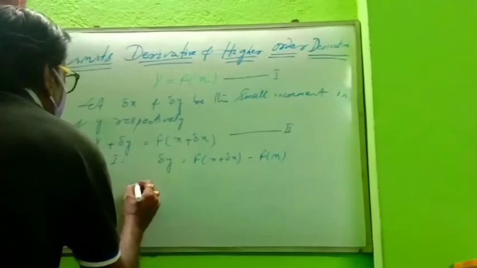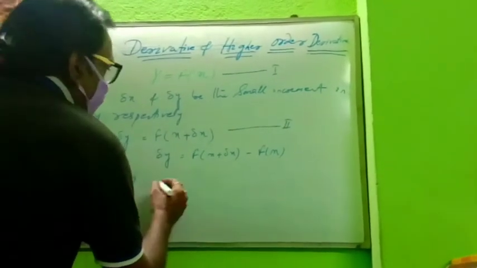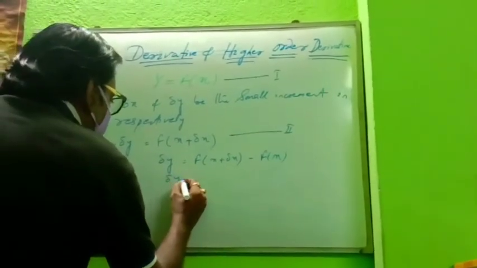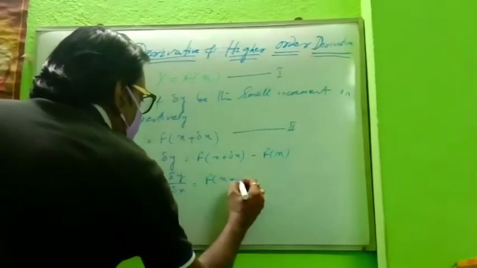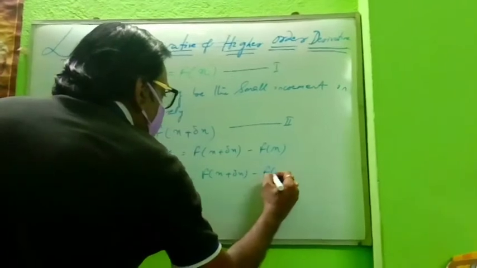Now dividing delta x both sides, f of x plus delta x minus f of x.